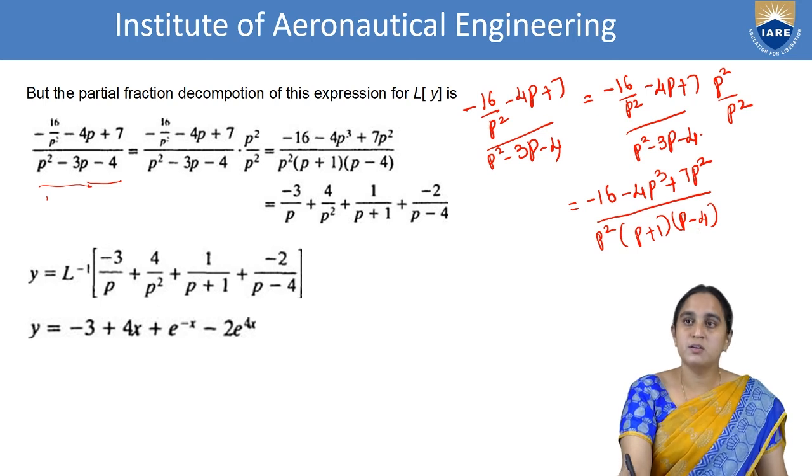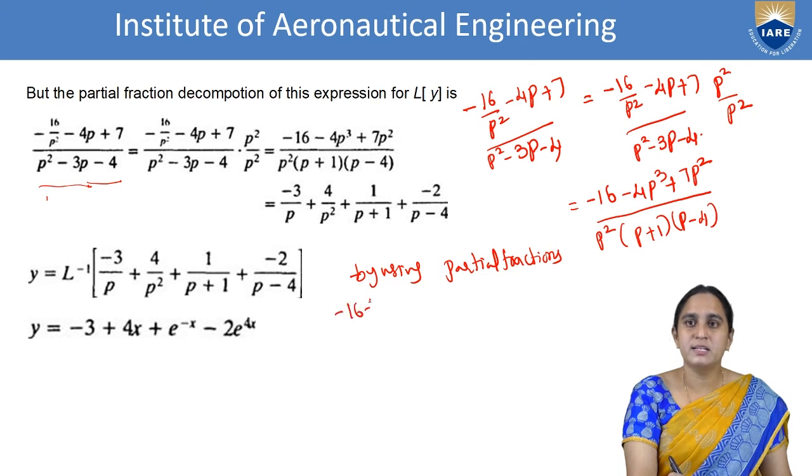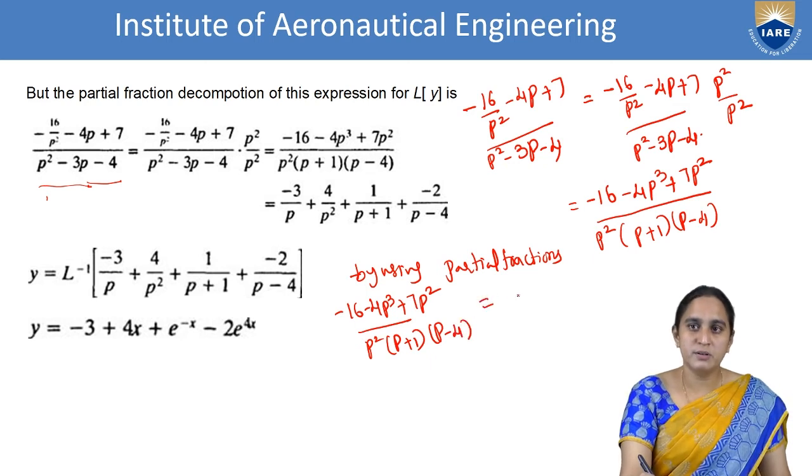Now by using partial fractions, minus 16 minus 4p cube plus 7p square by p square into p plus 1 into p minus 4 is equal to, how to divide that?